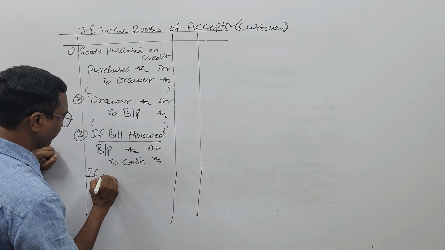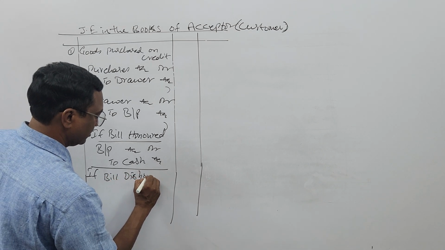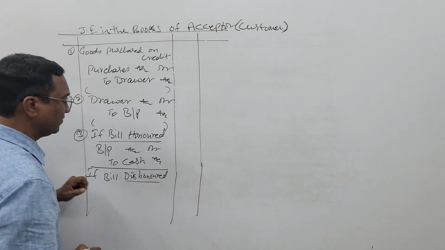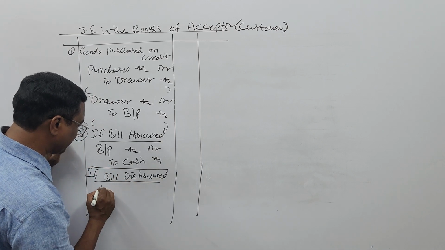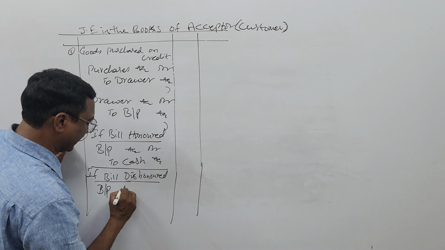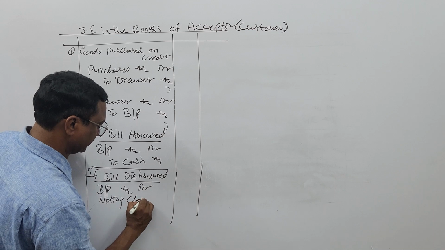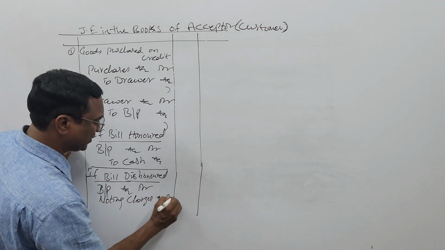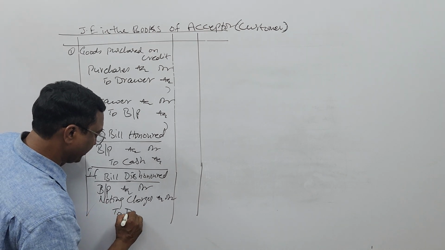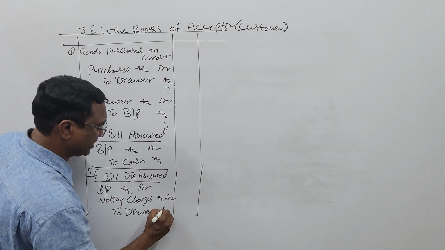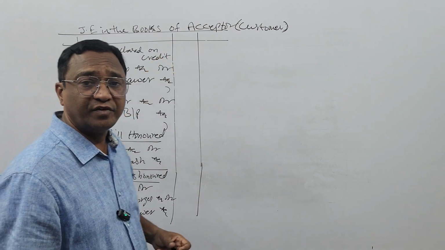If the bill is dishonored, the entry will be: he receives back his bill, so bills payable account debit, noting charges account debit, because it is an expense for him. So it will be debited, and noting charges will be debited to drawer account, because the drawer again becomes a creditor for him. So these are the entries which you are going to pass in the books of acceptor.